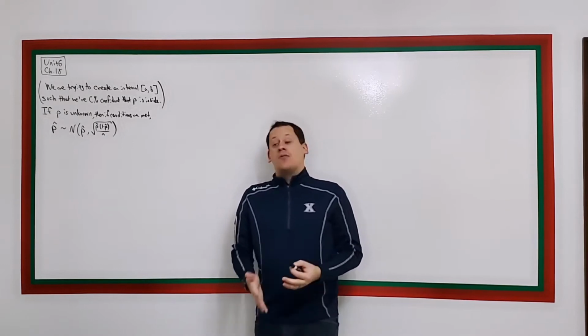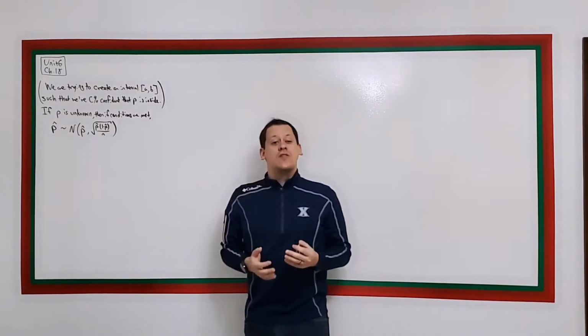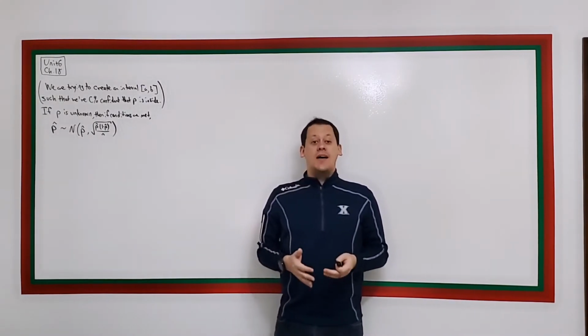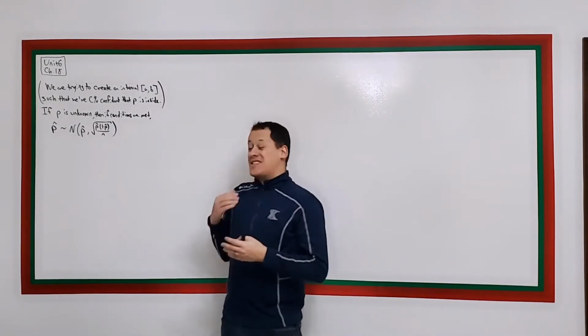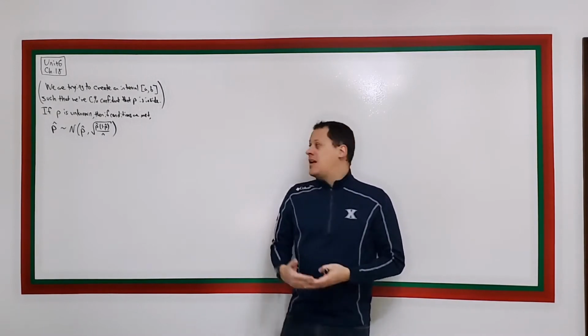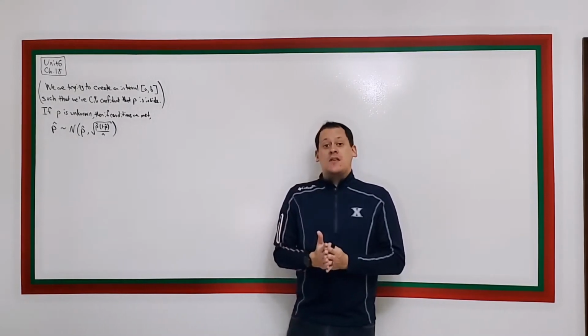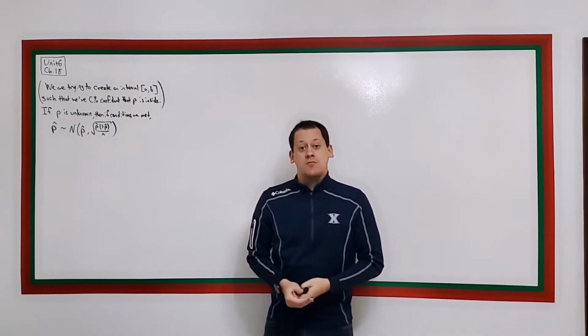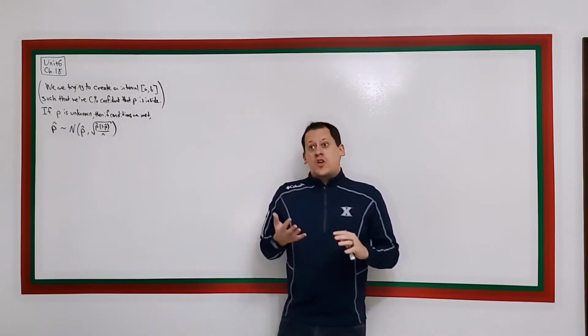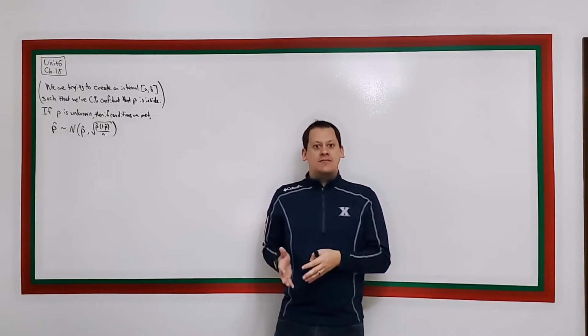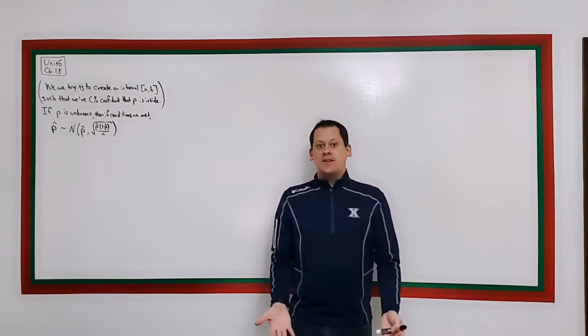As a quick recap, we are trying to create an interval of values, say from A to B, where we are some percent confident that P, the parameter for the population proportion, is inside that interval. We could just say P hat is our best estimate of P and leave it at that.